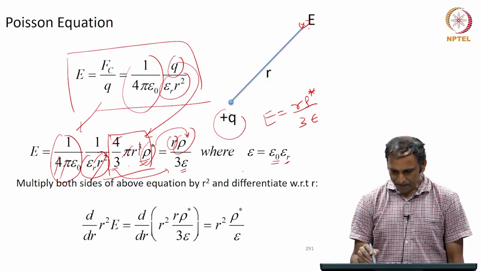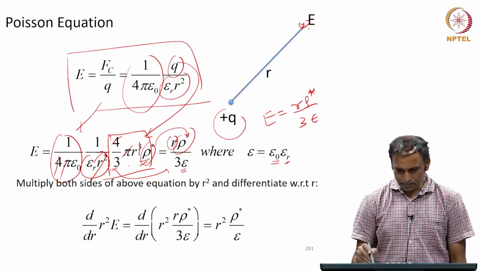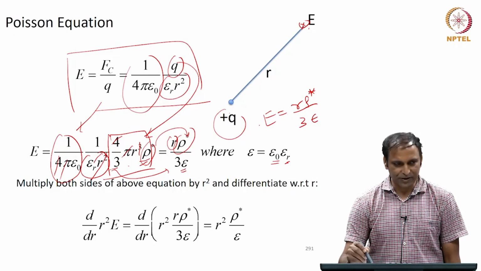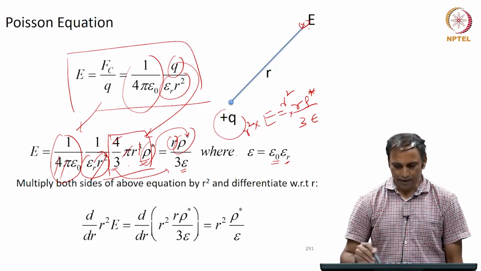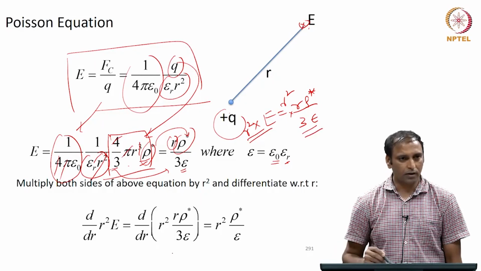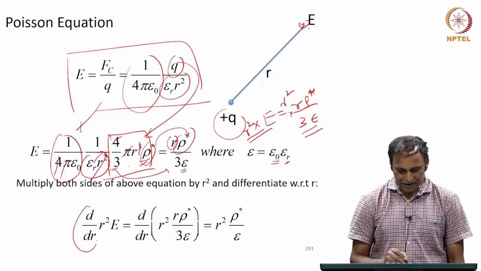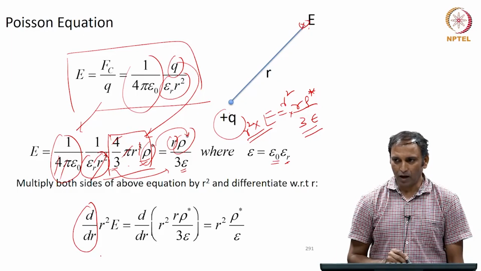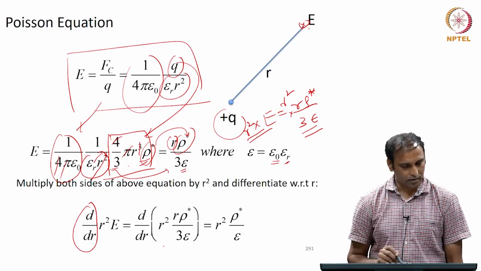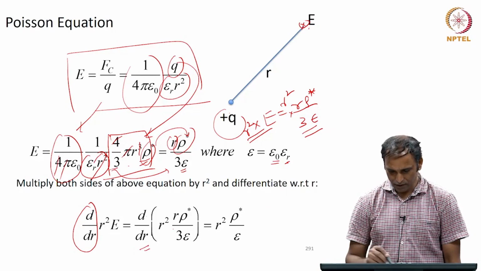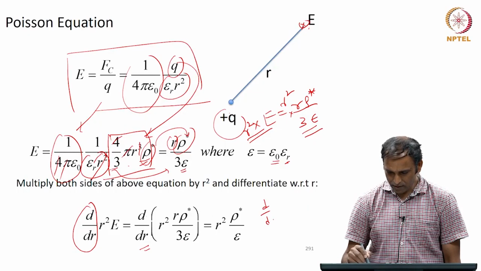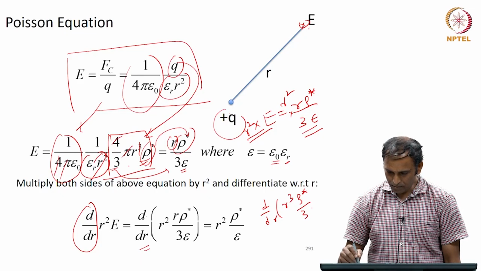Now, what I can do is take this expression, multiply by r square on both sides, and then differentiate that with respect to r, d by dr. So, therefore, this is d by dr of r cube into rho star by 3 epsilon.